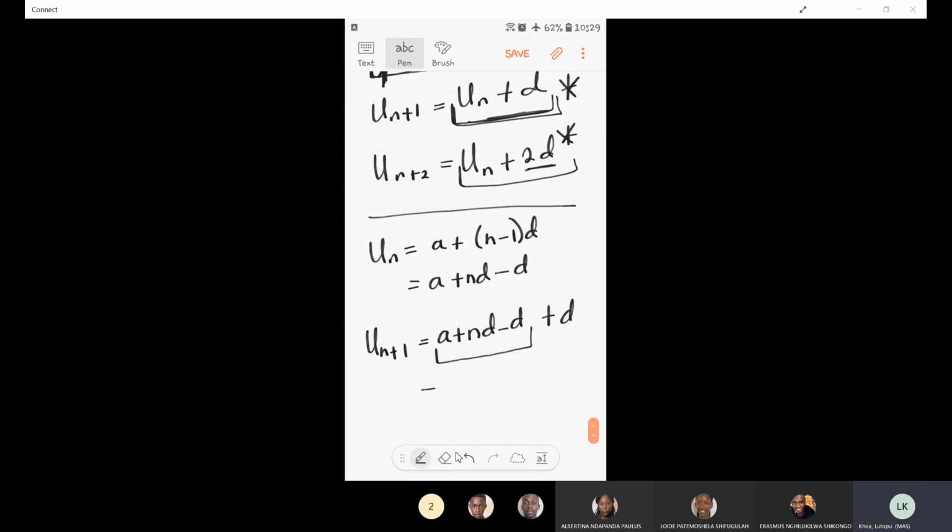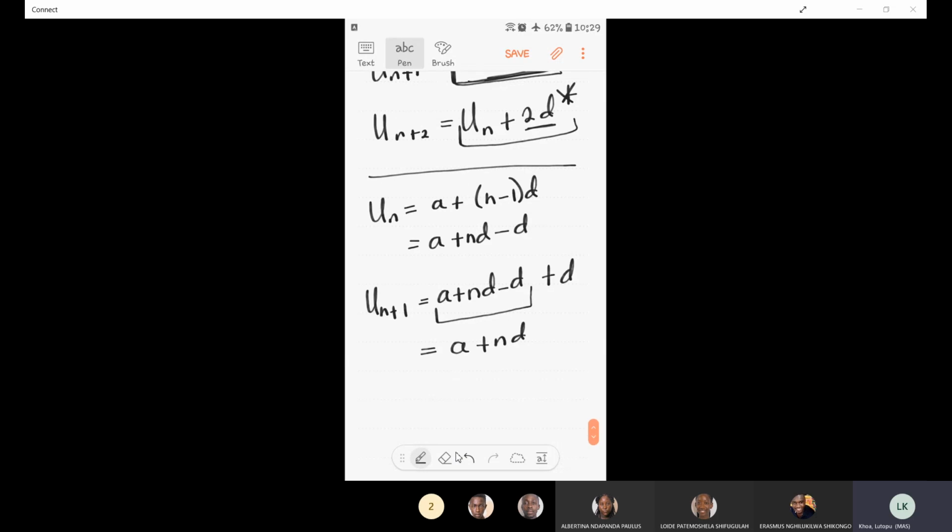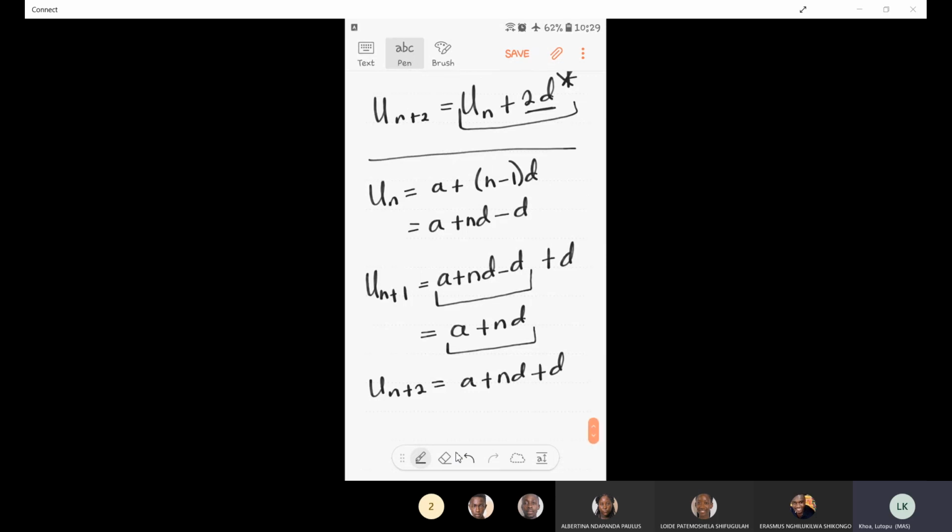This will give me a plus nd, and then the next one, un plus 2, I add a d to it, so I have a plus nd plus d. Okay, so now I have my 3 terms.